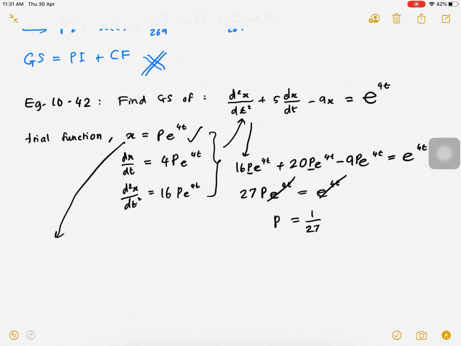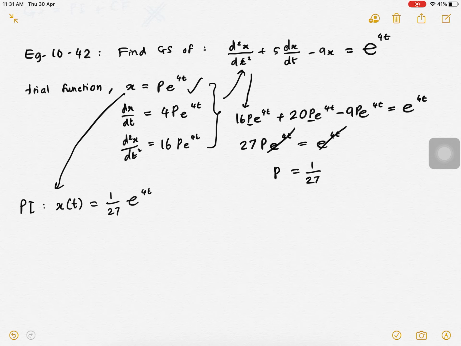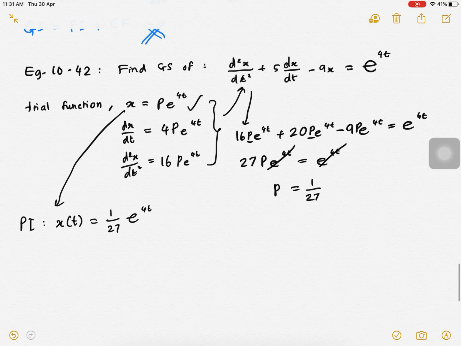So from this equation, we can get the particular integral, which is x(t) equal to 1/27 e power of 4t. Okay, and since we get the particular integral and we know the complementary function, we can just add the particular integral to the complementary function to find the general solution.